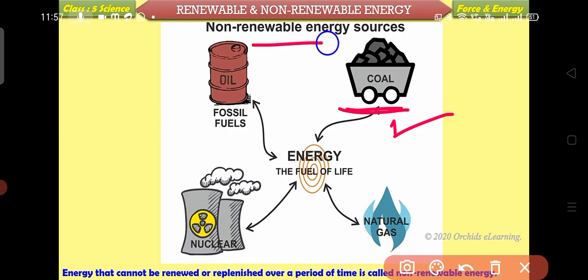So we should use non-renewable sources in a limited manner and be careful while using them. They are fossil fuels, coal, natural gas, and nuclear gases. These are examples of non-renewable resources.